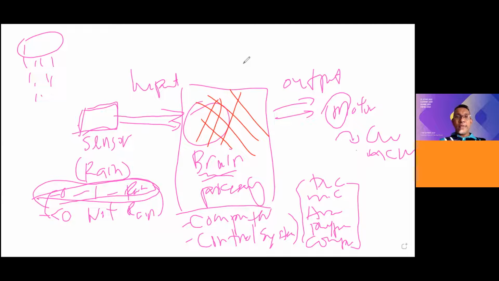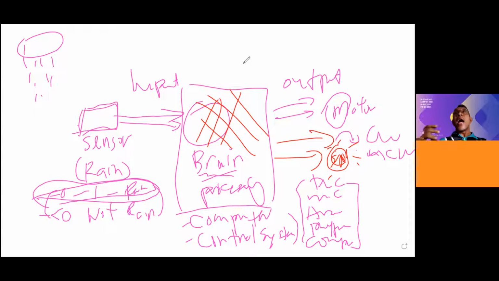One sensor you can link with another output as well. Instead of a motor, you can link with a lamp, for example, blinking. Together with the raining, the lamp will blink and the motor will retract.